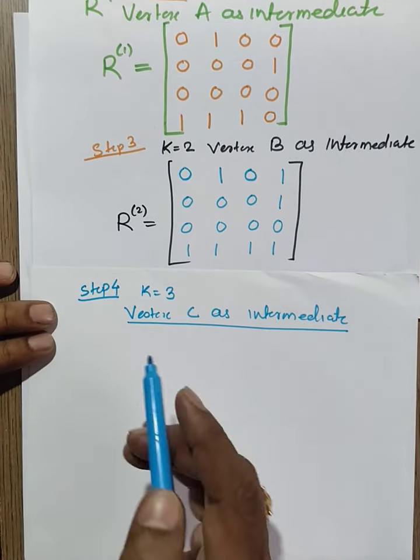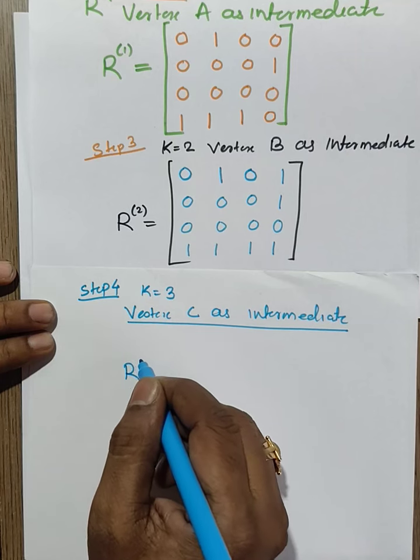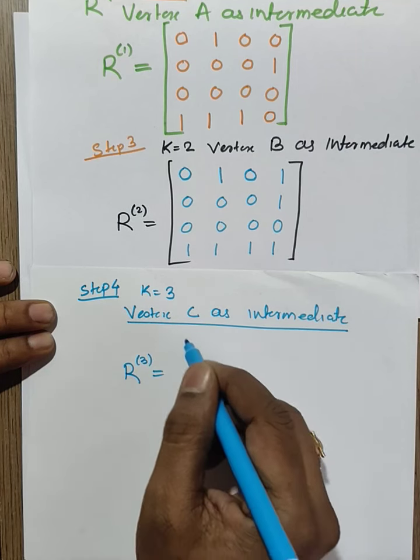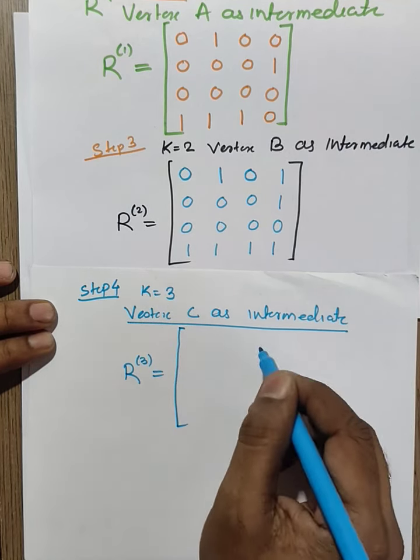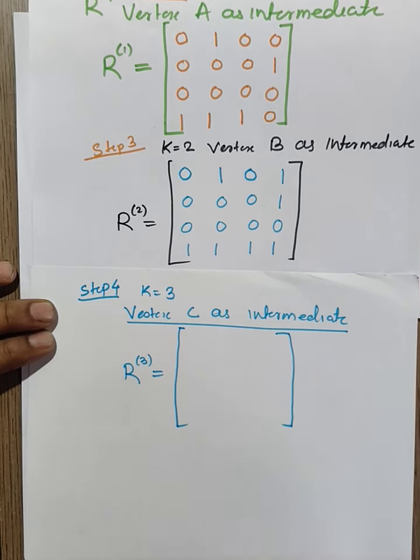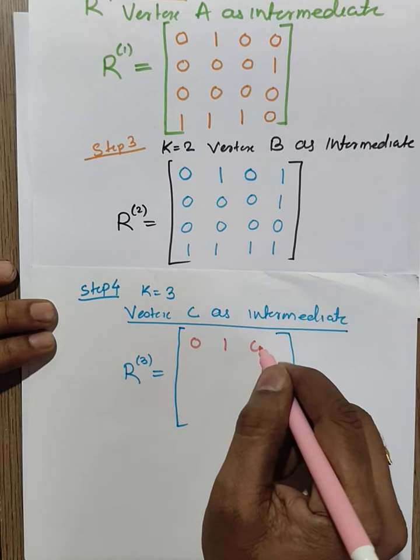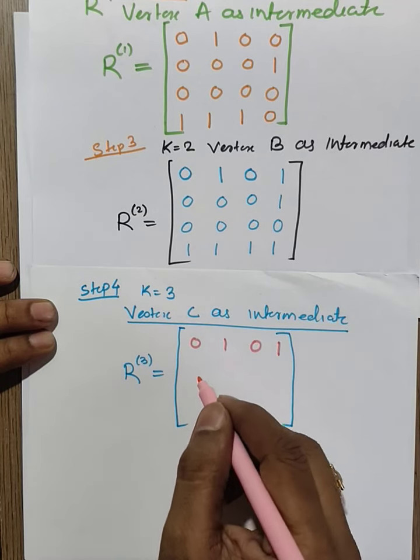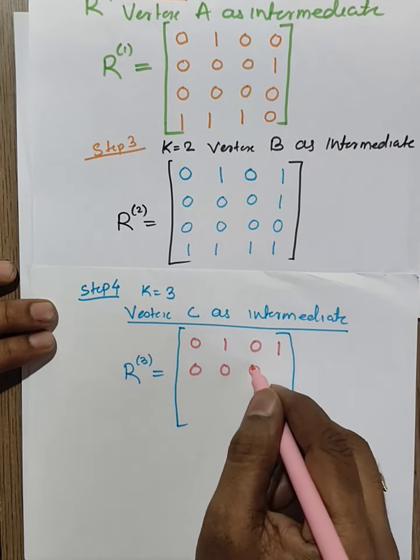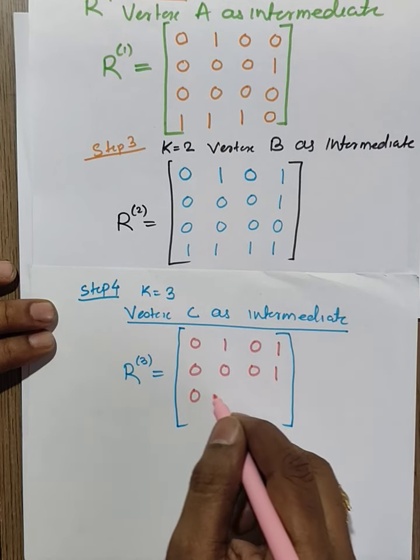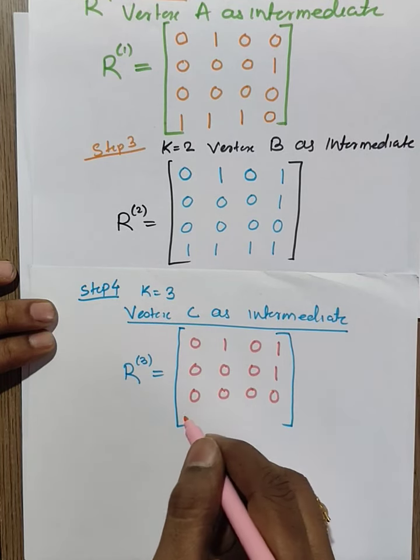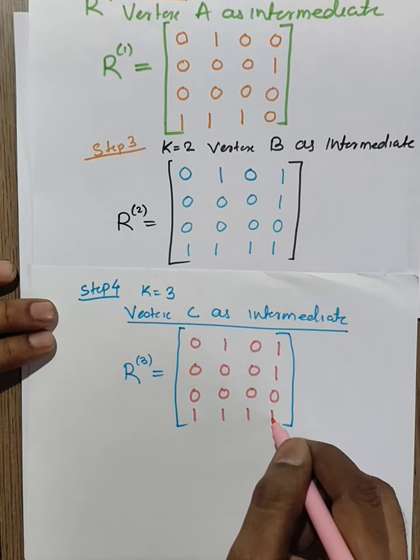Means here R to the power 3 will get the same values. Same values means this is 0, 1, 0, 1. 0, 0, 0, 1. Then 0, all are 0. And D already 1 is there.